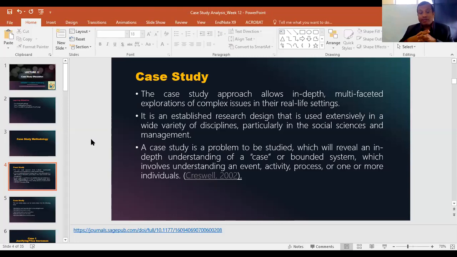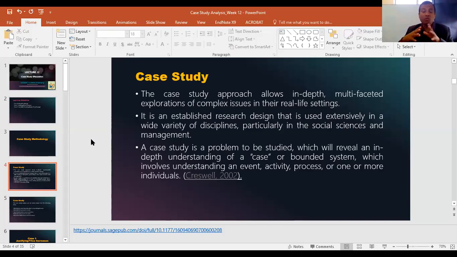And the third point says that a case study is a problem to be studied, which will reveal an in-depth understanding of a case or the bounded system, which involves understanding of events, activities, processes, one or more individuals.